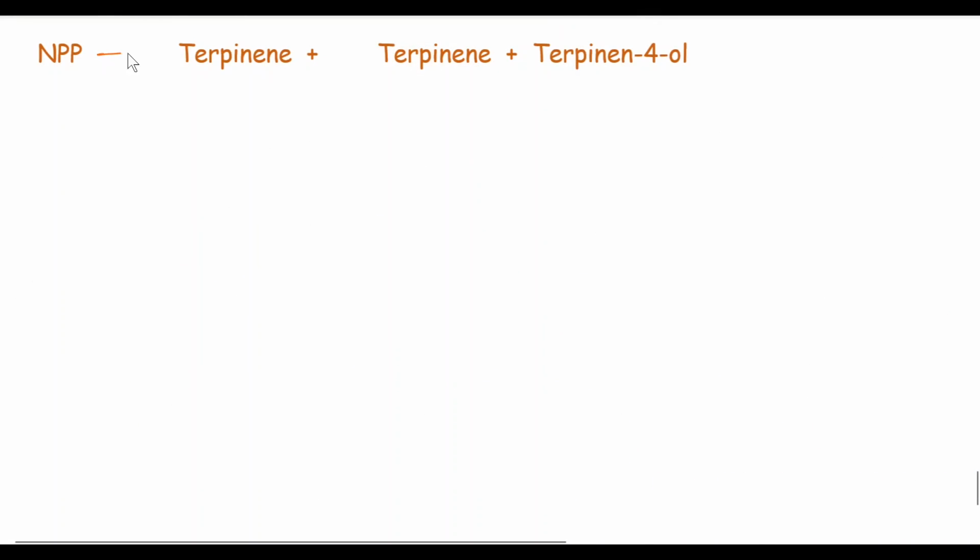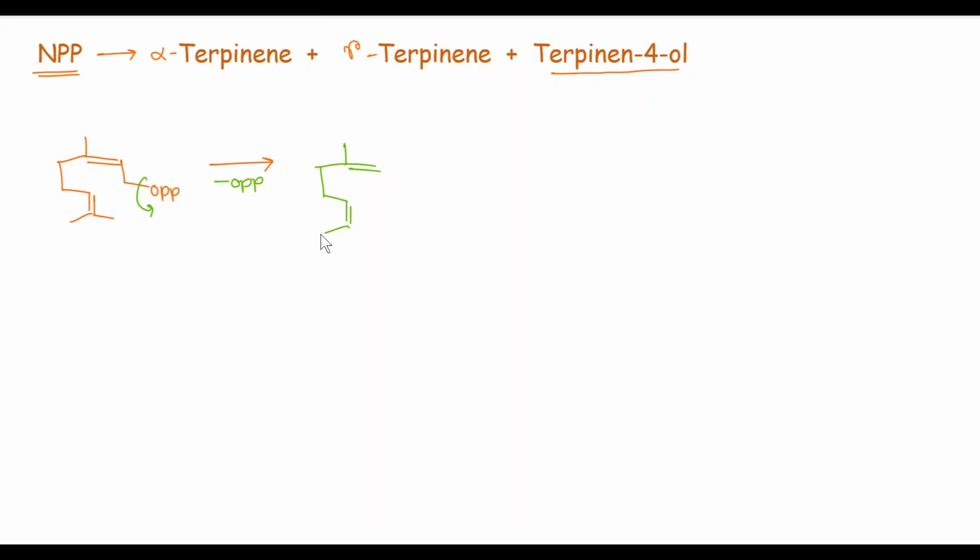Now we will see the synthesis of alpha-terpinene, gamma-terpinene and terpinen-4-ol from NPP. So from NPP, this is the structure of NPP. In the first step, on loss of OPP, we get this allylic cation.